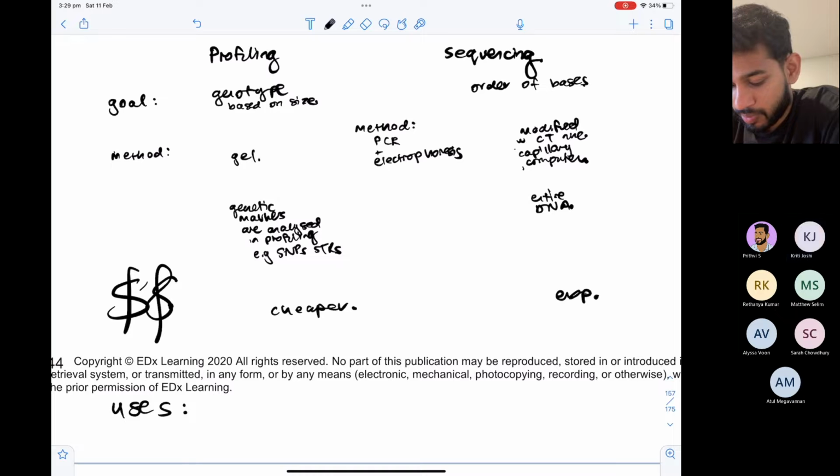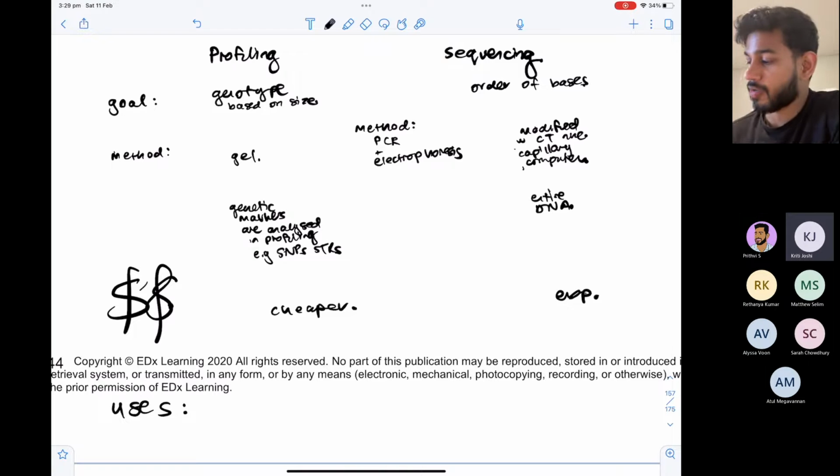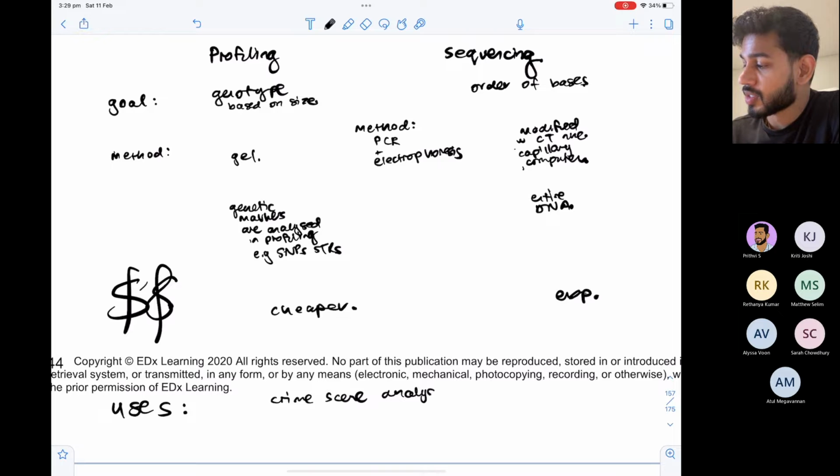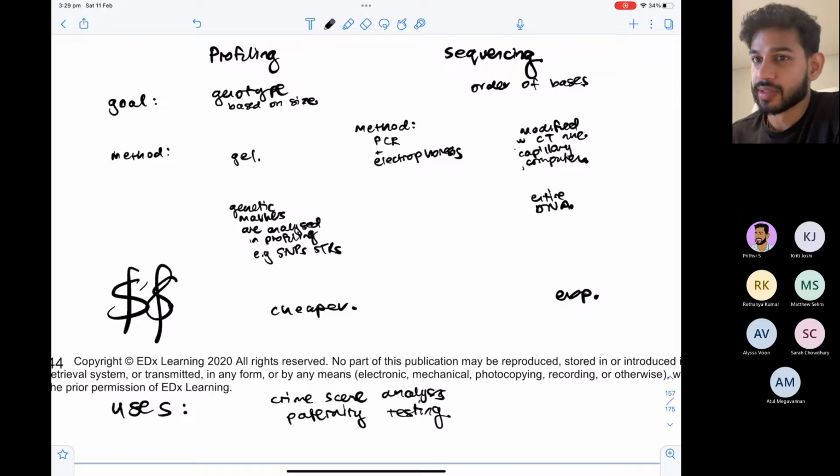In the, oh wait, or is that profiling the crime scenes? Yeah, it's profiling, but good. Good, you remembered it, right? Crime scene analysis, paternity testing. Good. And what about sequencing?